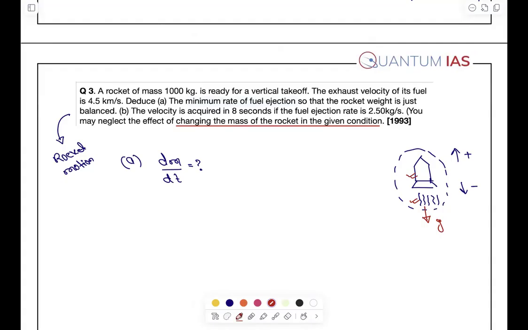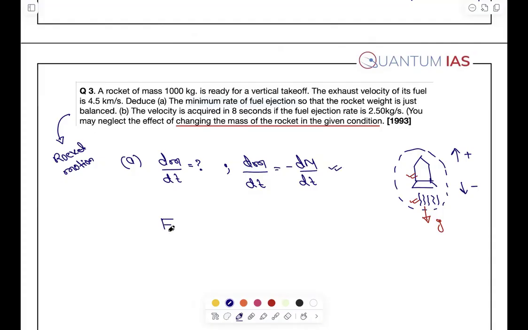Now we know that this dm by dt, the rate of fuel ejection, the fuel coming out of the rocket, is equal to the rate of dm by dt. This is the formula you should know. Apart from that, what else formula do we have?